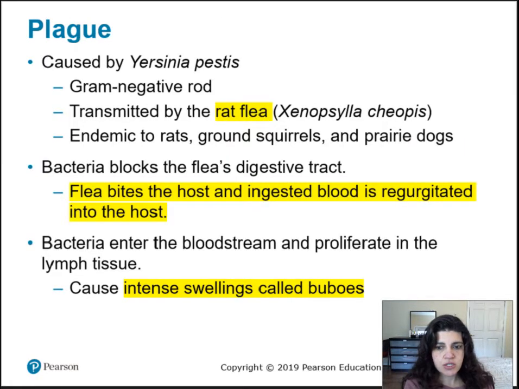Alright, so now let's talk about plague. There are some case studies here, and I think I put some tips underneath, so if you want to discuss them with me later, I'm open to it. Plague is very serious. It is very controlled nowadays because we have good sanitary systems.